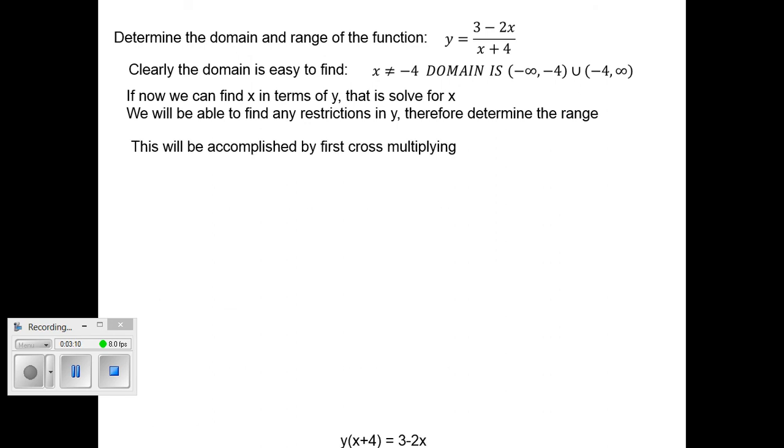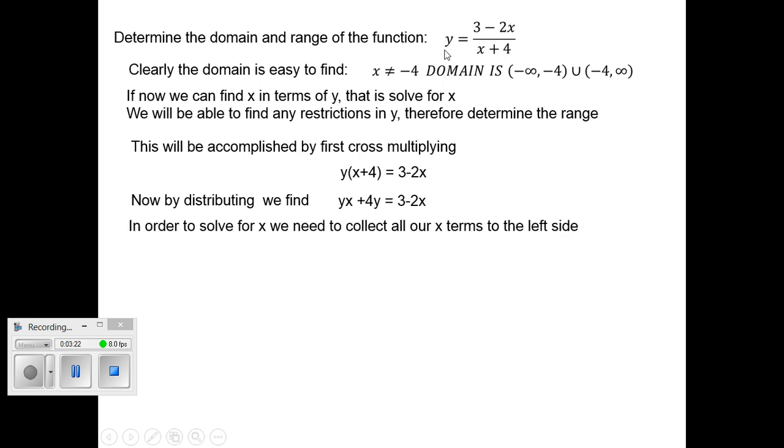So that's exactly what we're going to do. Again, the function might have been expressed as f of x instead of y, but if it were, we easily know that f of x and y are interchangeable. So here we go. We start with this, we cross multiply, and we come down to this stage.